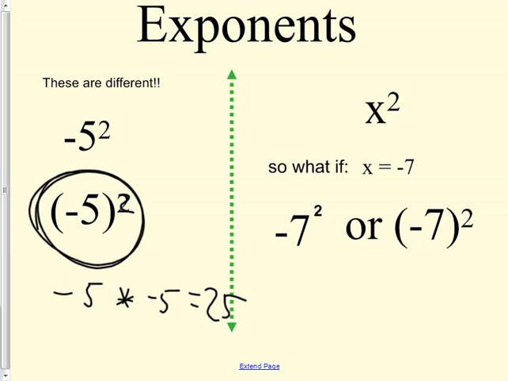Now if you don't believe me, I know half of you got it wrong and you think that's the opposite of what I thought. If you think I'm insane, check it by typing it in the calculator. You try it once with parentheses and once without parentheses. This one will come out to -25. The way I think about that is this negative here is like a -1 being times by the 5.